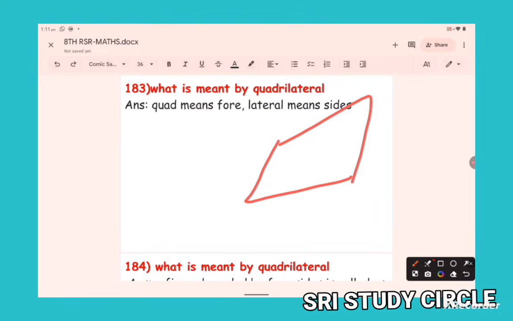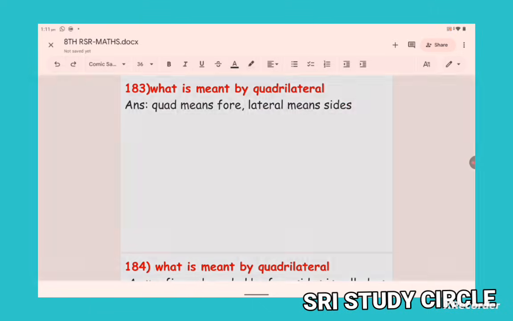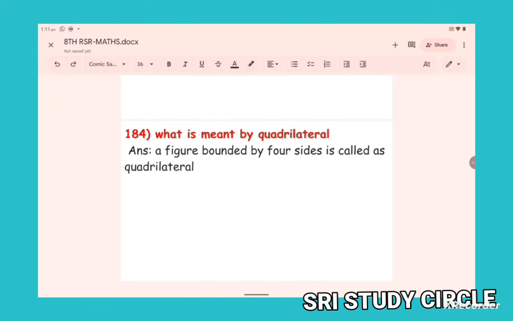Quad means four, lateral means sides. That means a closed figure with four sides. A figure bounded by four sides is called a quadrilateral.